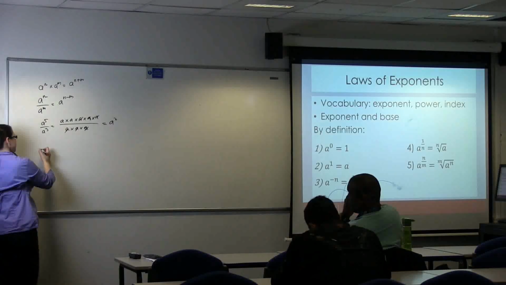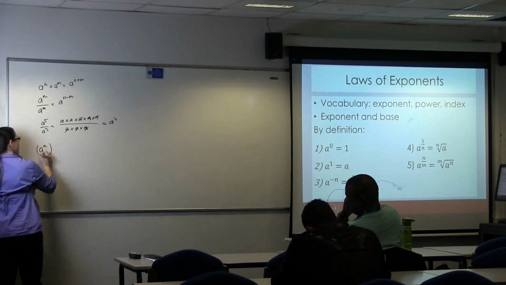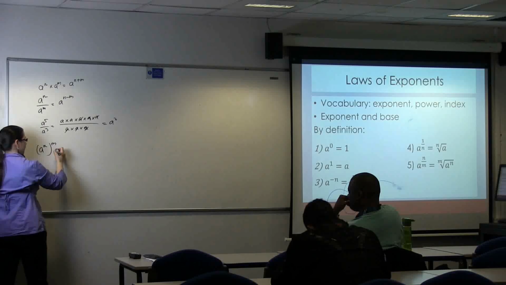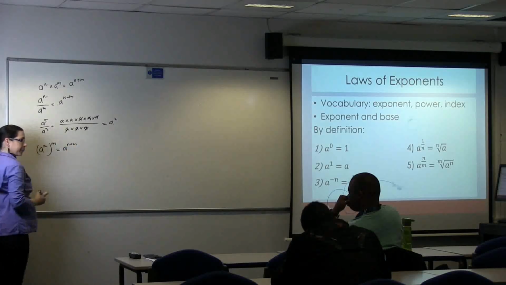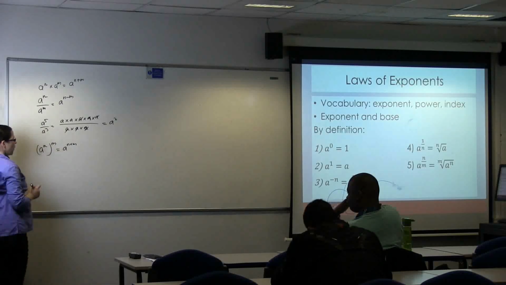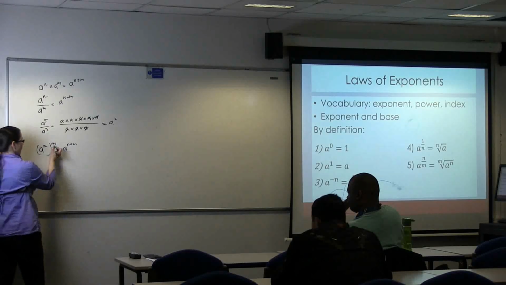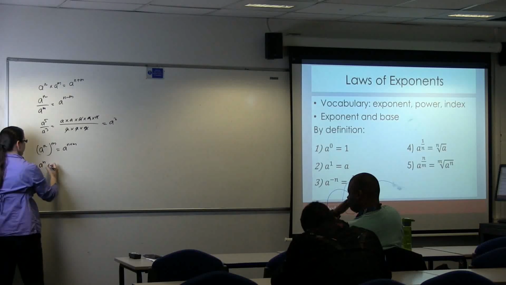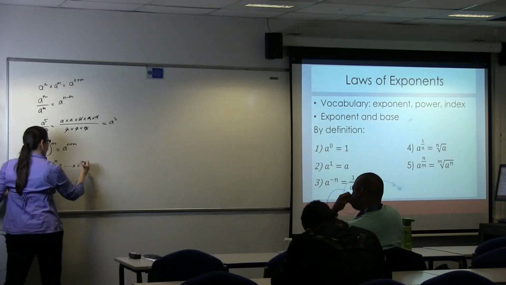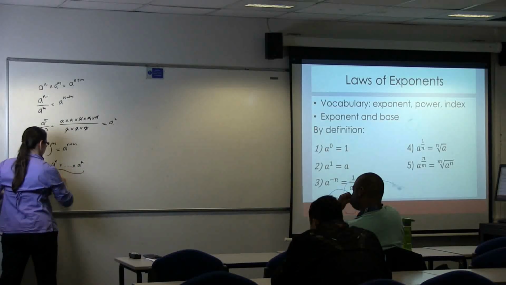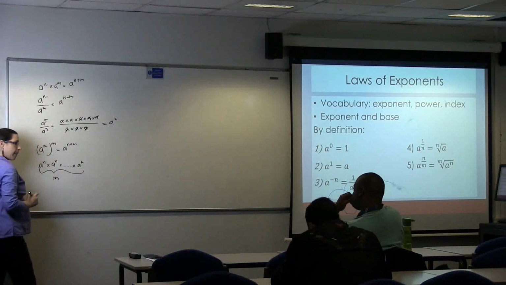And the last rule: if I raise a power to a power again, that is the multiple of them. Because what's going on in the general case is a to the n times a to the n times a to the n, m times.